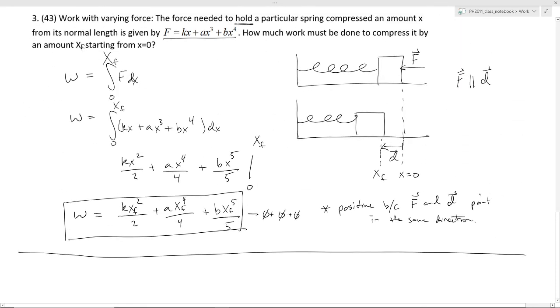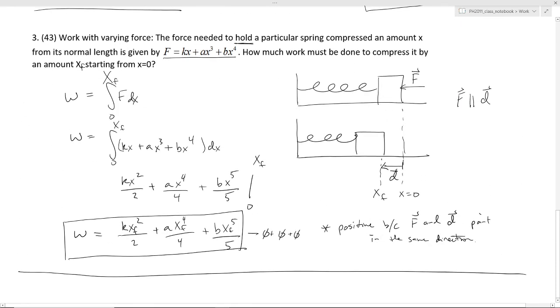Oh, actually, before I do that, one other thing I would mention is, this is the force to compress the spring. The spring, though, is pushing back the other direction. So you could also talk about this as being the work that the spring is doing is negative. Let me just make a note here.